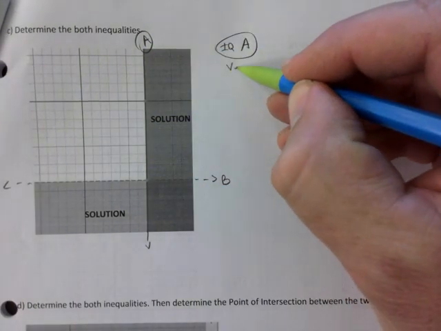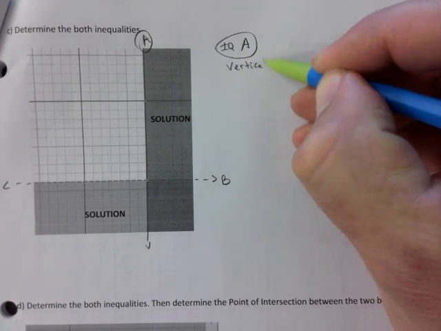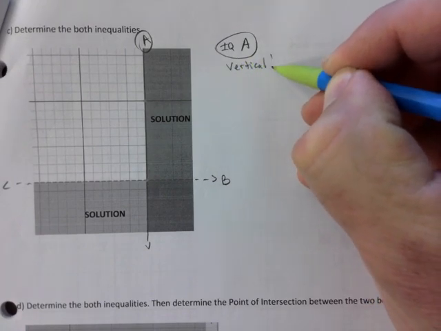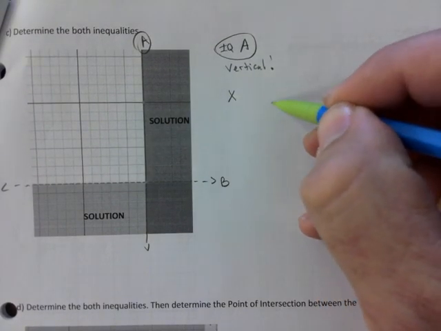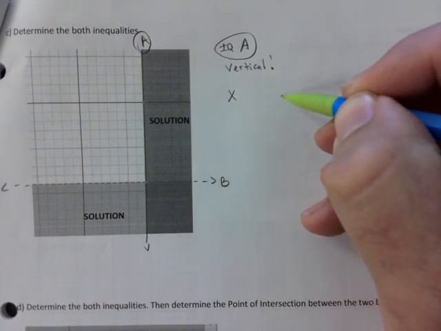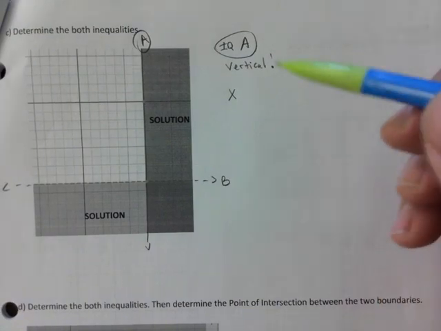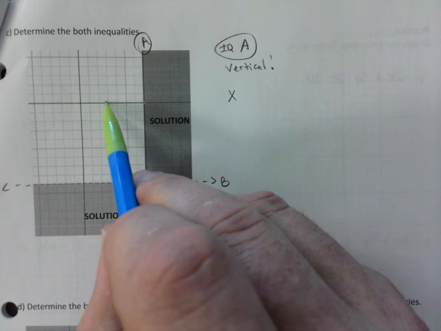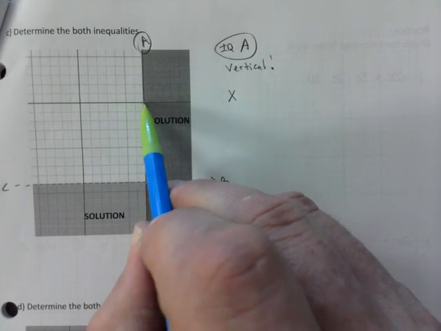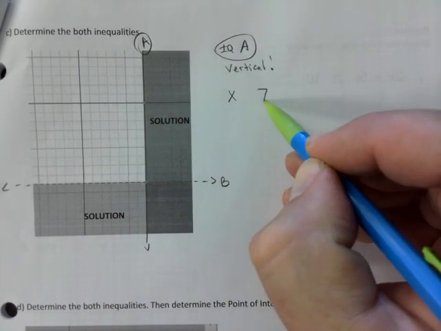It's a vertical line. What does that mean? I'm just going to have x and a number. That's all. What number am I going to put over here? And you just count, right? This is 0, 0. So 1, 2, 3, 4, 5, 6, 7. So it's going to be 7 here.